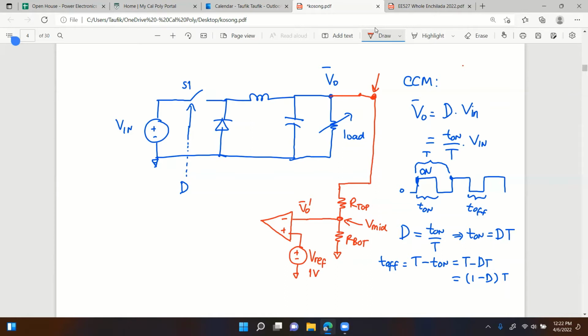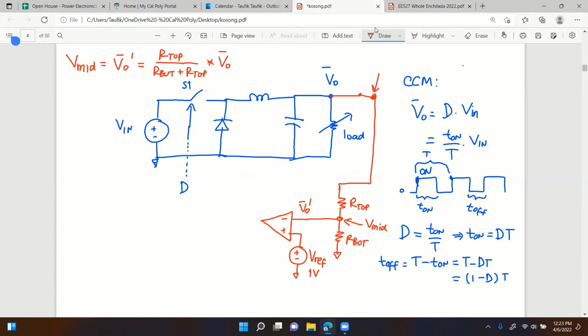How so? By setting the right resistor combinations. For the voltage divider, V mid, which is equal to V out prime, the sampled output voltage, must be equal to R bottom over R top plus R bottom, times V out, the actual V out.